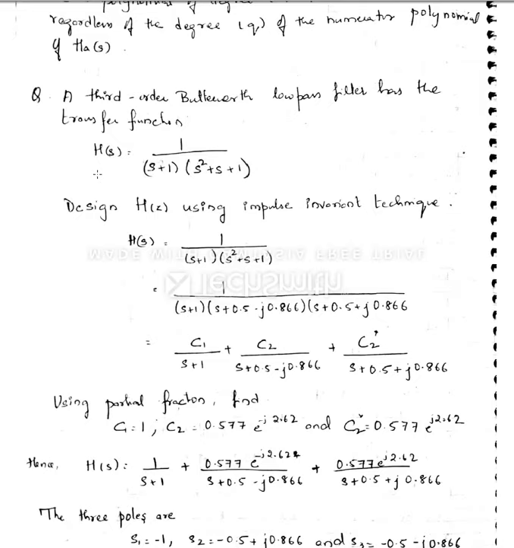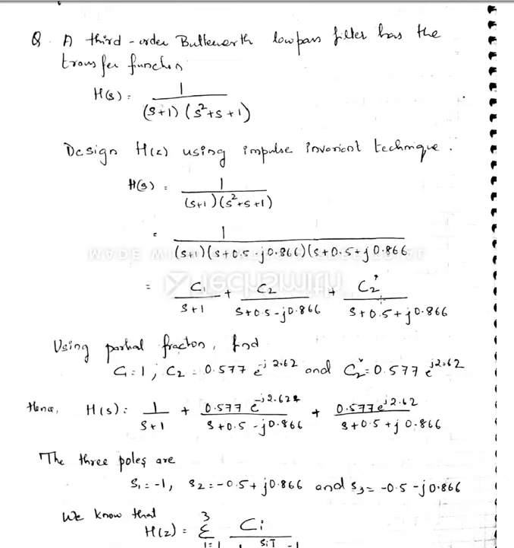All right. So H of s you have to find using IIT, sorry, impulse invariant transformation technique. So you have 1 by s plus 1. Now this is a quadratic equation here and you need to find the roots. Once you find the roots of it, you split into this, apply partial fractions to this. Now when you apply partial fractions, you would basically get 3 constants, wherein the third constant, that is C3, is specific to this.